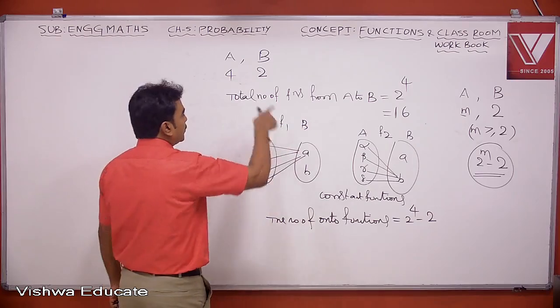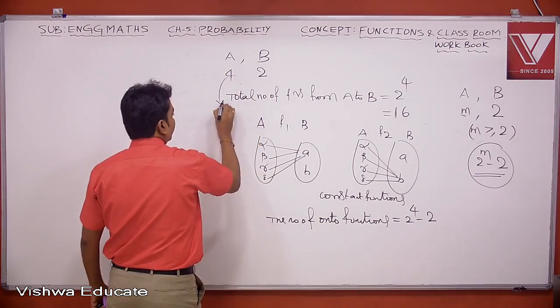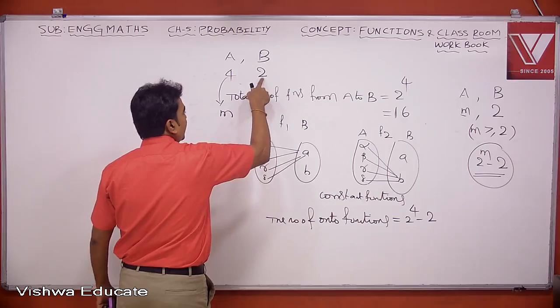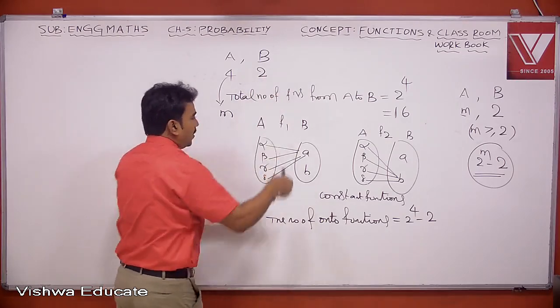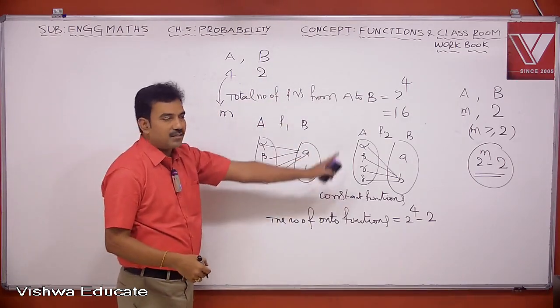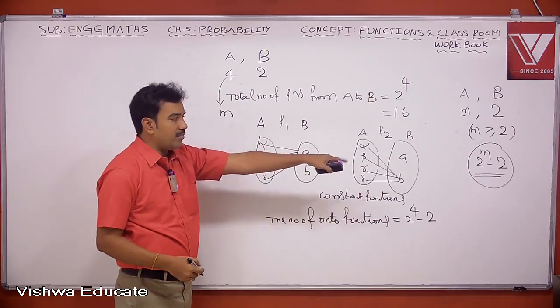To justify this, you can have this example. Of course, this is the m value in this case, but the number of elements in the second set is 2. So you write this discussion so that you can understand how it is coming 2 power m minus 2.